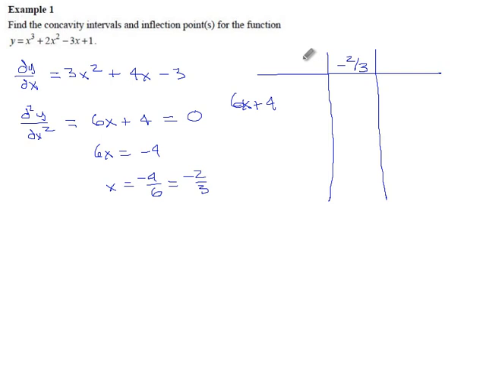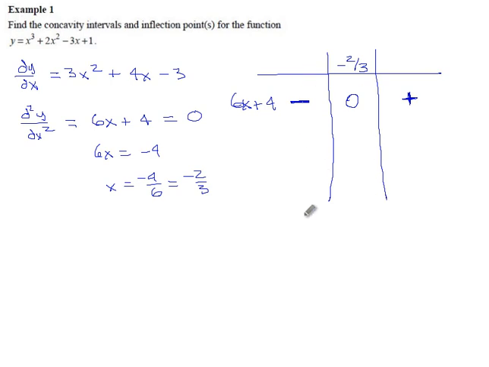If x is lower than minus 2/3, let's say it's minus 10, we'd get minus 60 plus 4 is minus 56, negative number. We don't really care what the number is, just is it positive or negative. If x is precisely minus 2/3, we get minus 4 plus 4 is 0. And if x is greater than minus 2/3, let's say it's a billion, we get 6,000,000,004, which is a positive number.